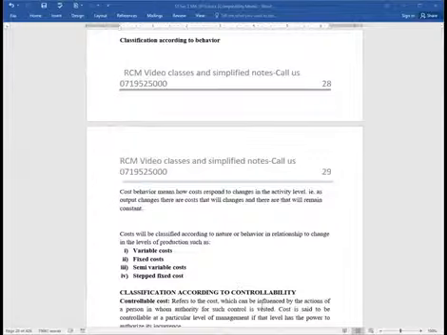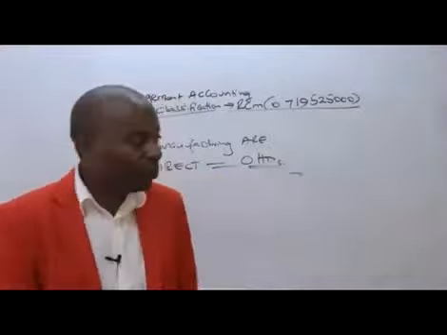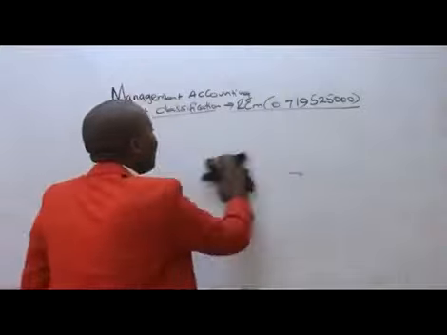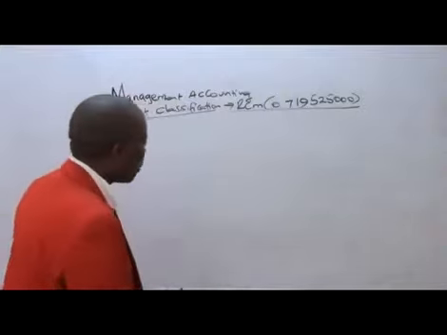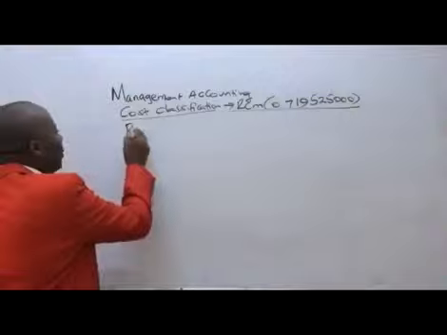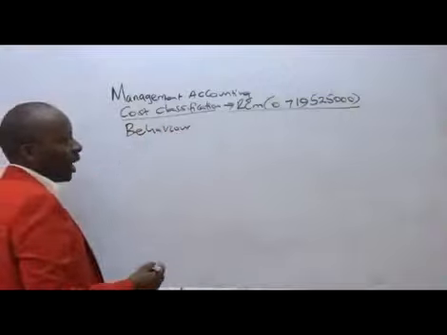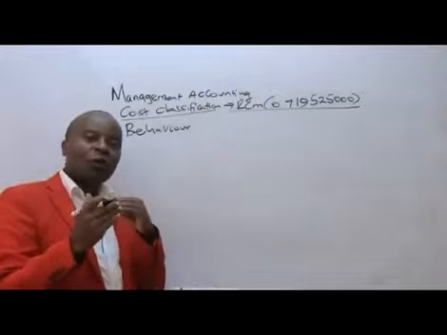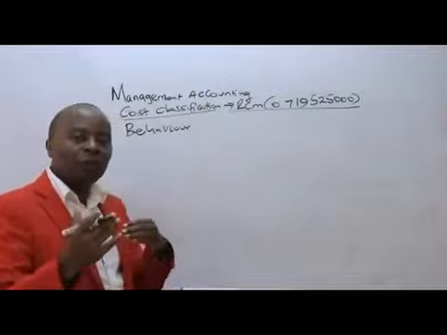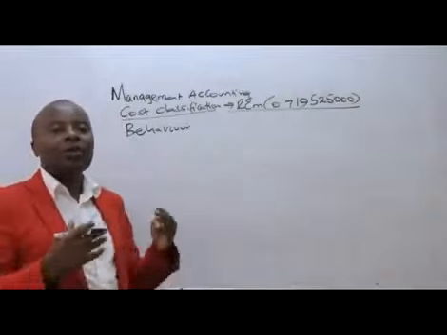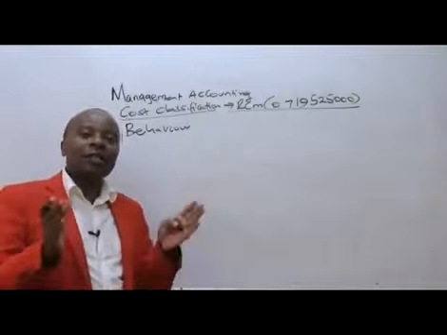The most important thing to appreciate here in terms of behavioral classification is how they behave. There are those costs that change as output changes. There are those costs that are ever static.